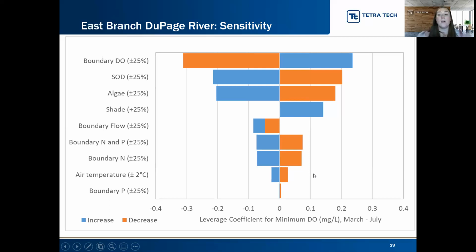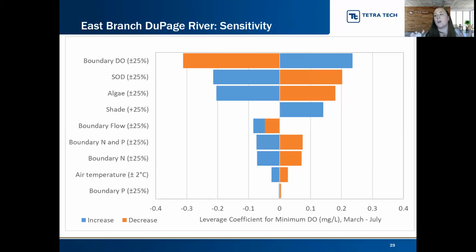So what does that mean? What that means is that when we changed the outputs from the wastewater treatment plants, for example, by 25% of their existing total phosphorus concentration, we saw not much impact on minimum dissolved oxygen. However, as we're going to show you in some of our scenario results, we're actually going to be changing some of these phosphorus concentrations by far more than 25%.